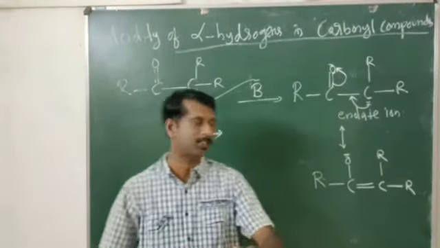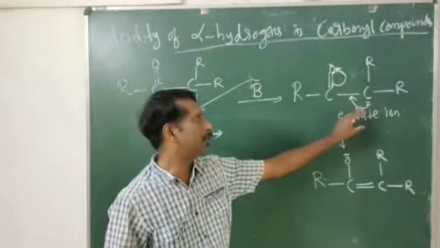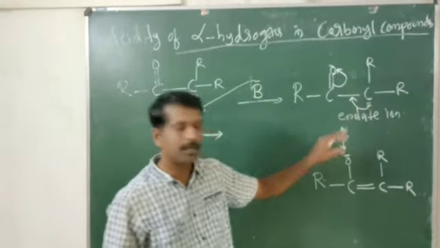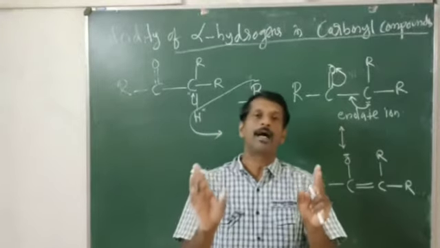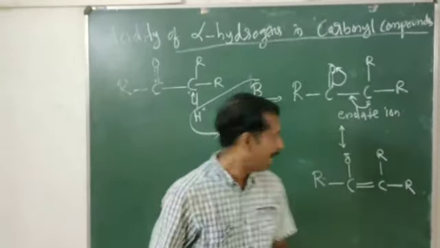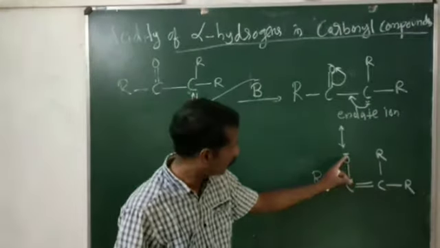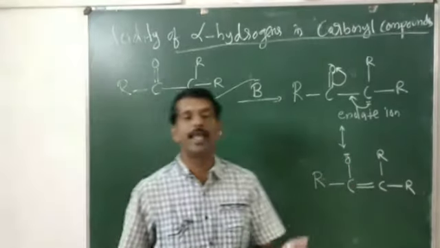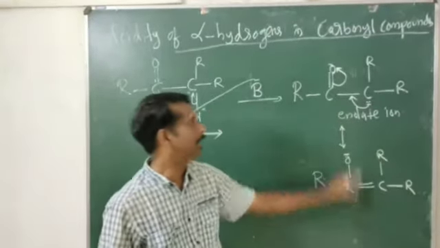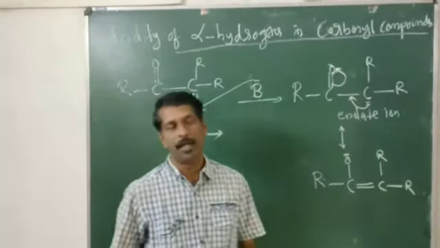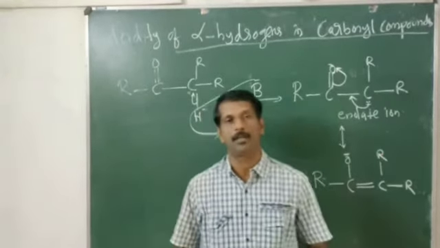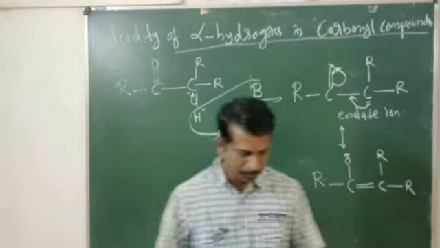There are two structures for enolate ion. So enolate ion can be stabilized by resonance. Okay, this is very important.